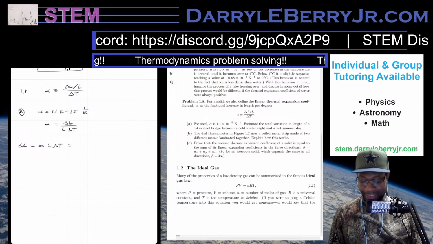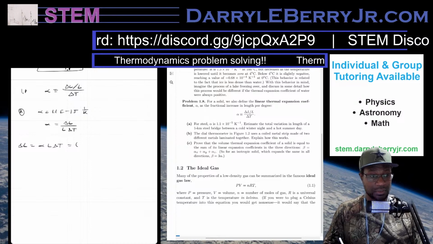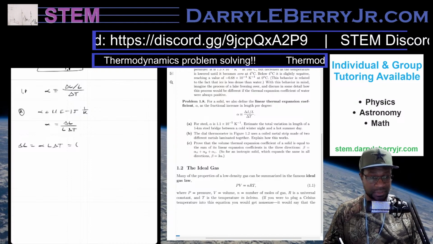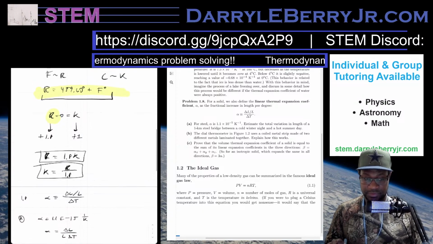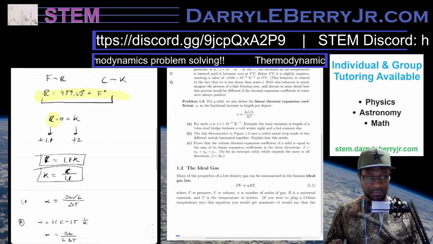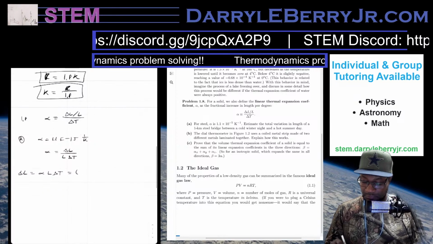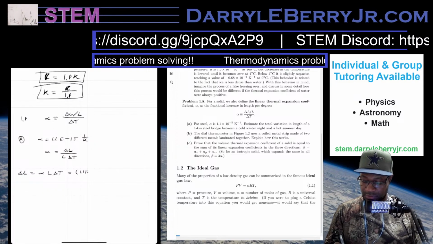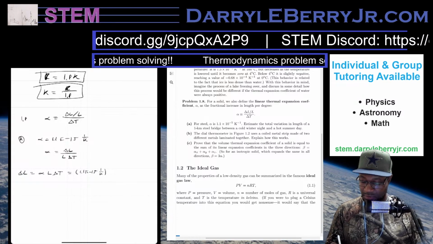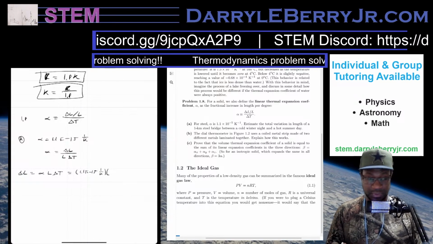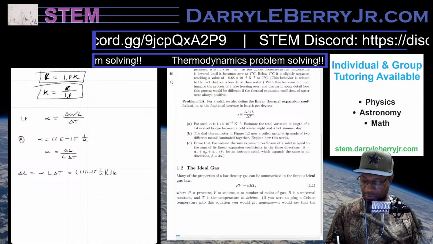and it looks like they're using the annual extremes of 40 degrees Celsius and negative 30 degrees Celsius. So we'll say 1.1 times 10 to the negative 15, 1 over K. The length of the material is 1 kilometer.